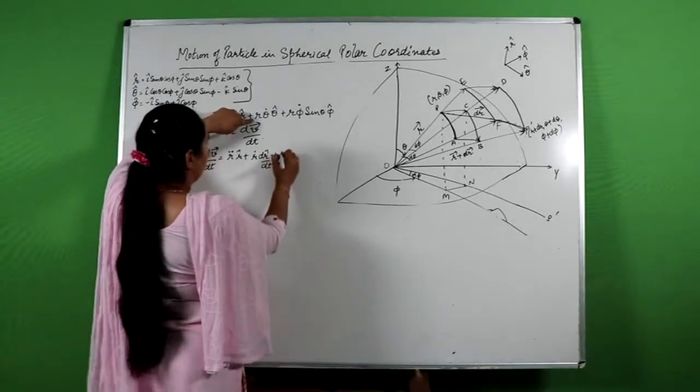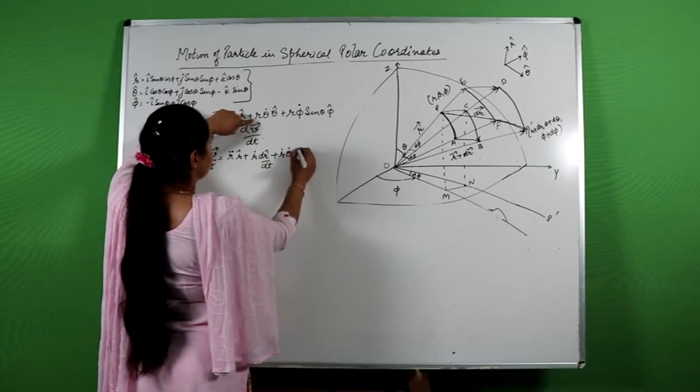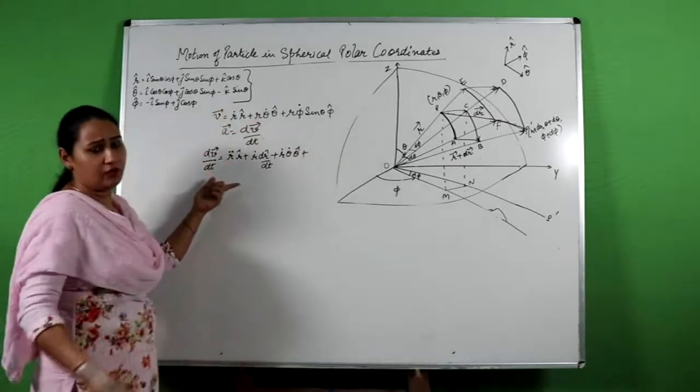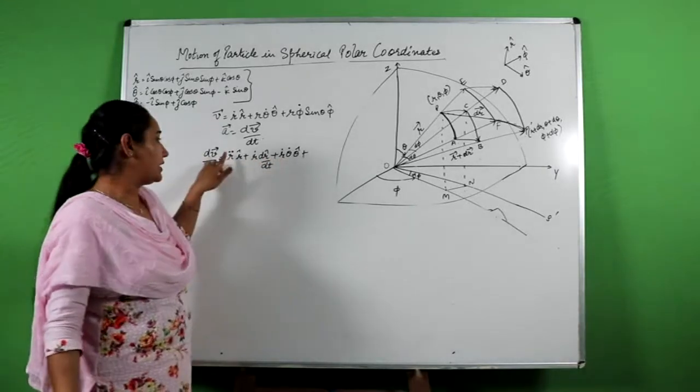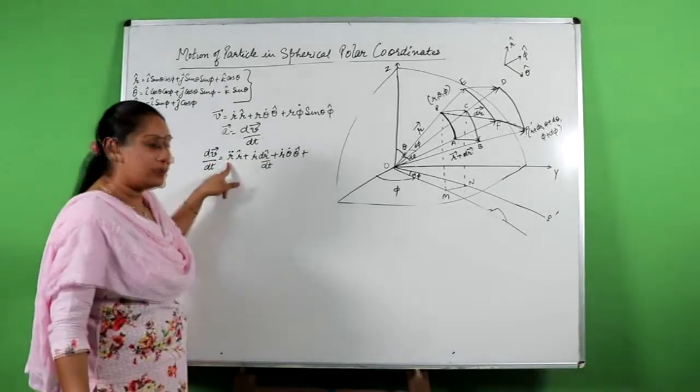plus r dot theta cap. By now all of you are aware of what r dot is. R dot is dr by dt and r double dot is d square r by dt square.